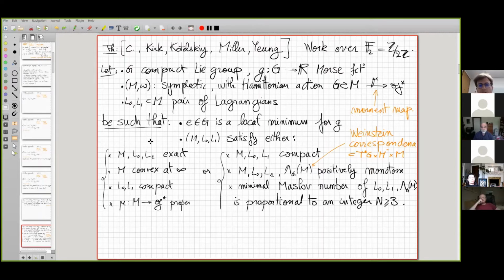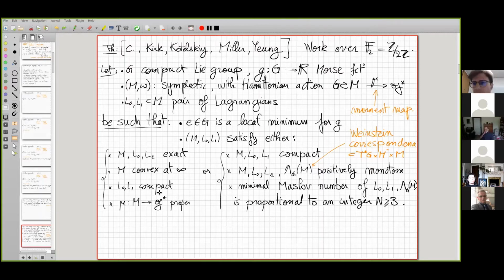And then we also want to make some assumptions on M and the pair of Lagrangians so that, mostly, the chain complex is well defined. There are two kinds of assumptions. We can assume that everything is exact, but then the manifold is non-compact, so we have to put some convexity assumptions on the manifold. And let's say, to make our life easy, the Lagrangians are compact, and we want the moment map to be proper.